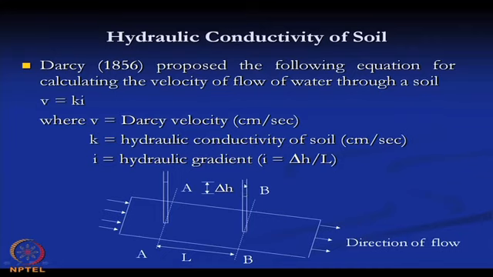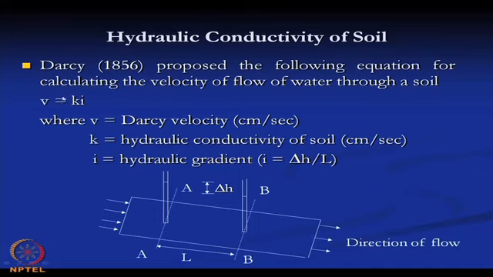So, if this height difference is del H and the length between these 2 points A and B is L, then the hydraulic gradient I can be defined as del H divided by L. So, from this expression we can calculate the velocity as the hydraulic conductivity into the hydraulic gradient.